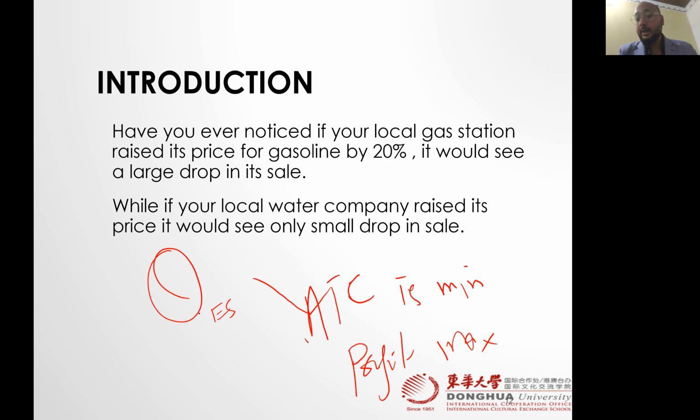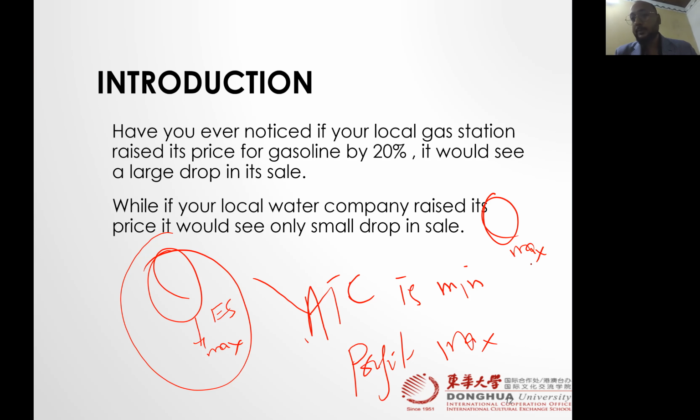So at efficient scale, our cost is minimum and our profit is maximum. We denote that quantity as Q max. All right. So the idea is that we produce where our efficient scale is, where our cost is minimum or profit is maximum.